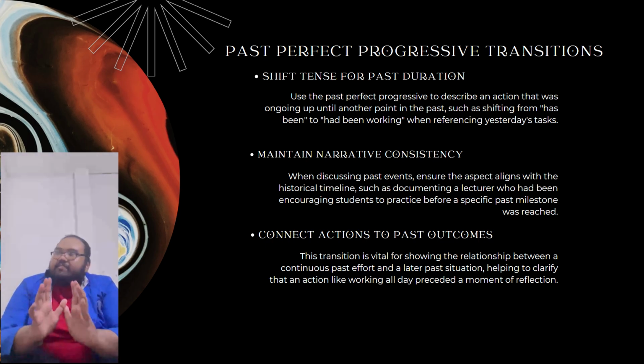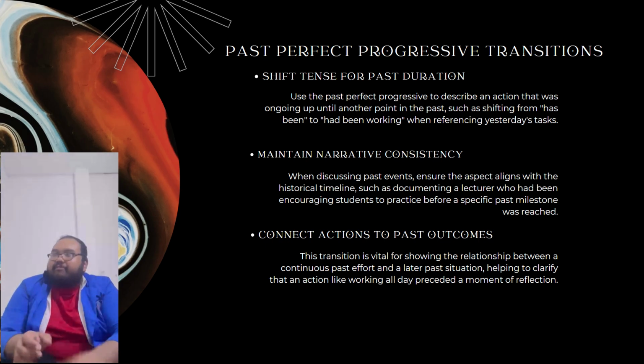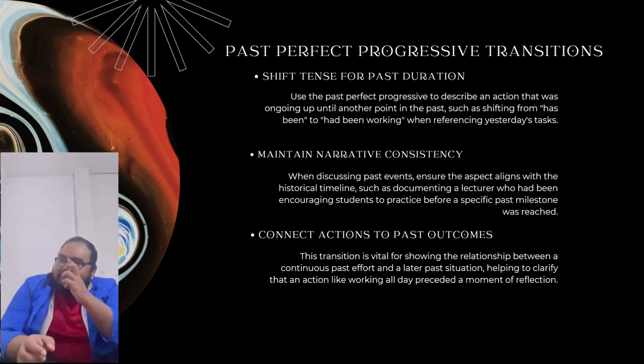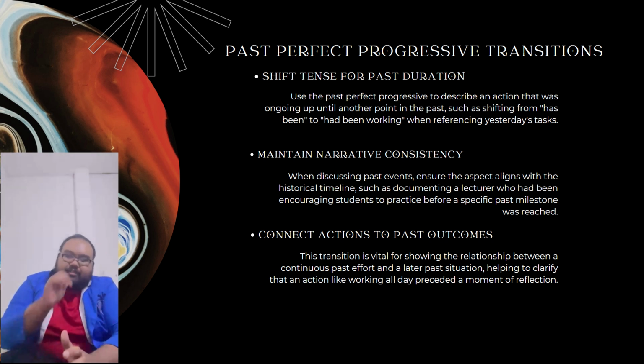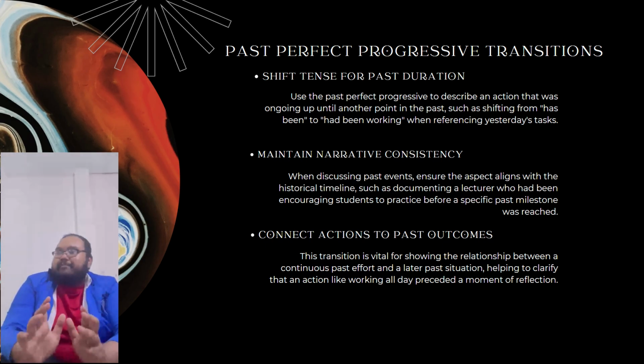Maintain narrative consistency when discussing past events. Ensure the aspect aligns with the historical timeline, such as documenting a lecturer who had been encouraging students to practice before a specific past milestone was reached.